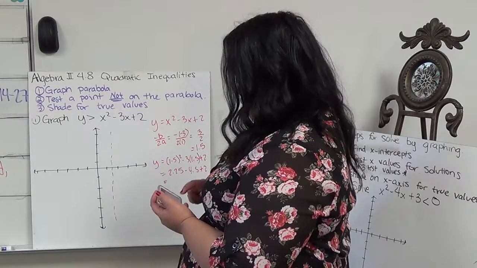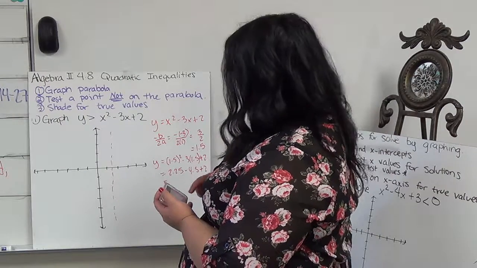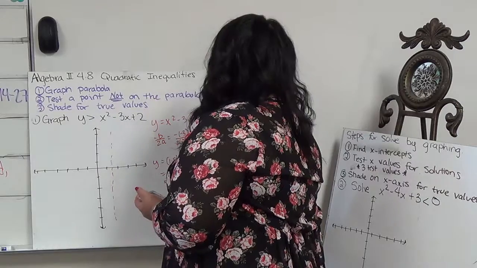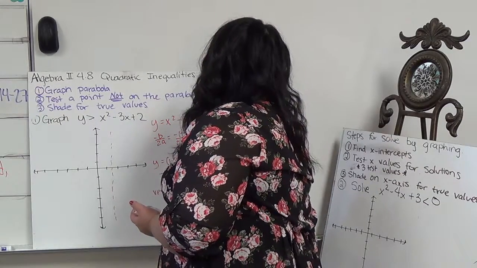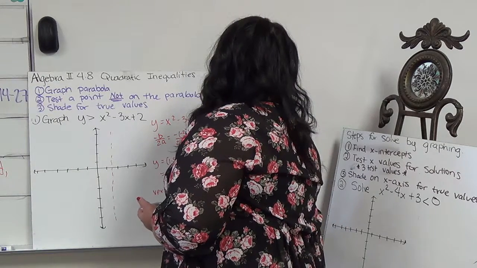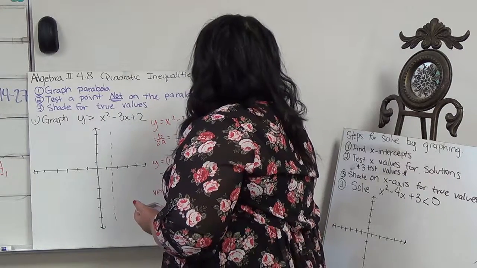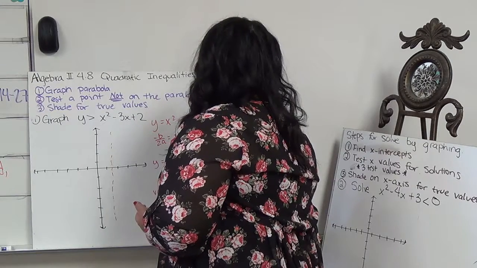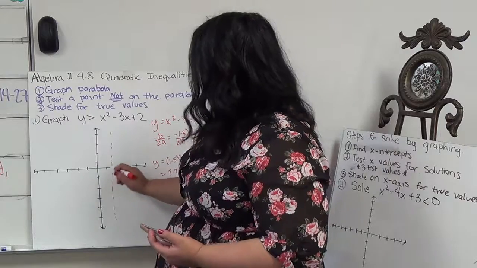So we have 2.25 minus 4.5 plus 2, which is negative 0.25. So our vertex is 1.5, comma, negative 0.25.